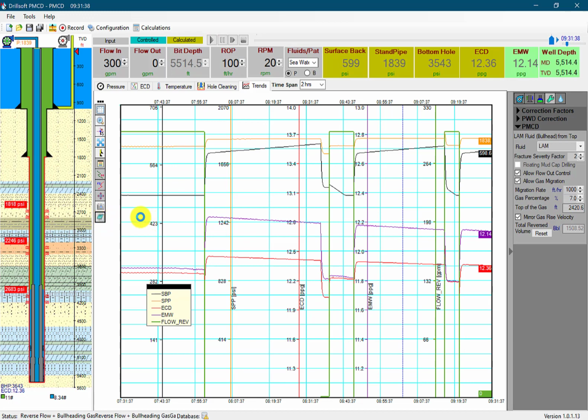All the data can be printed by hitting the text button here, and the data will be exported into a text file for all of these trends. We have 9 hours and 31 minutes worth of data. It's being exported into text format.